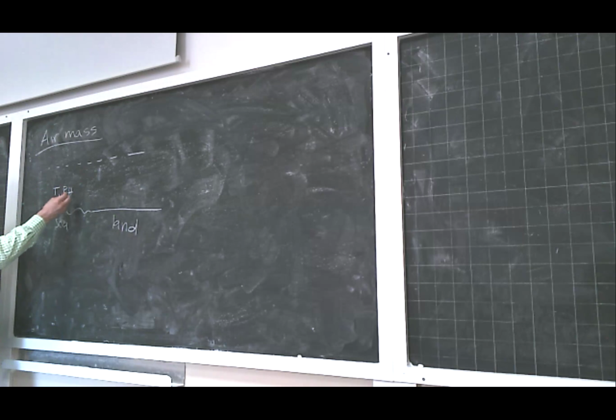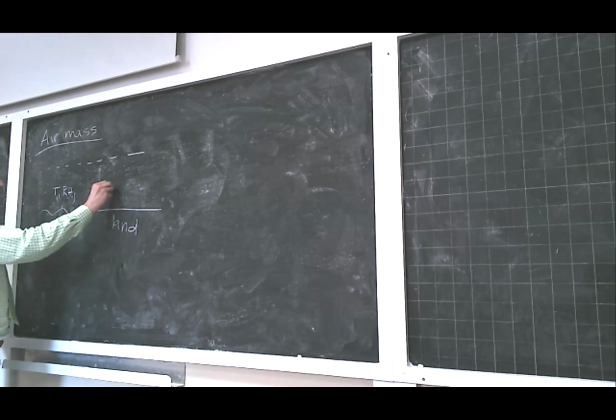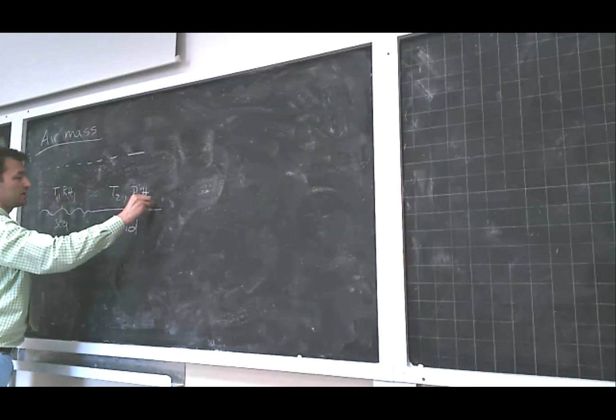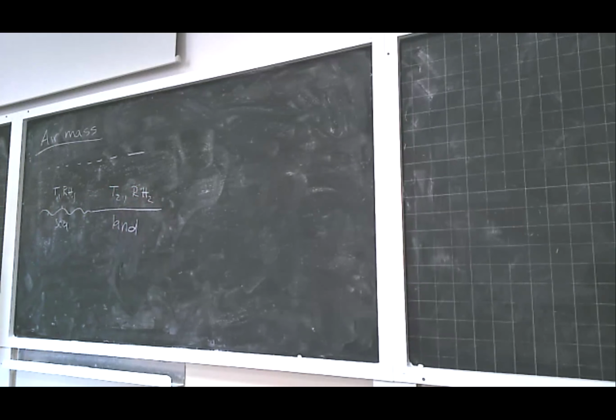So let's say temperature 1, relative humidity 1 associated with the sea, and here you have temperature 2, relative humidity 2. Now, I'm not going to define relative humidity in terms of equations now, there is no need, but it's moisture content in the air. Of course, air over sea is moister than the air over land.